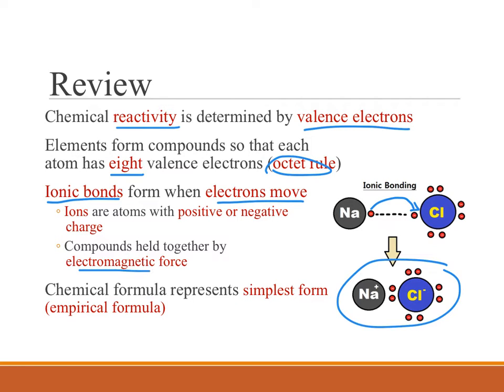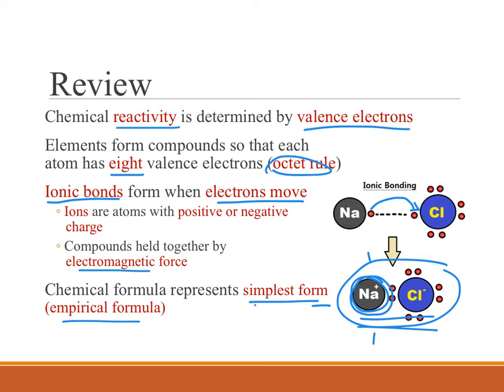We call this electromagnetic force or electrostatic force or electrovalent force. We see all three names, and basically it just means opposite charges attract. In ionic compounds, the chemical formulas that we have, such as NaCl, represent the simplest form of the compound possible, and that's known as an empirical formula because, as I mentioned previously, this charge is present all the way around the atom, and so we can have other chlorines attaching.